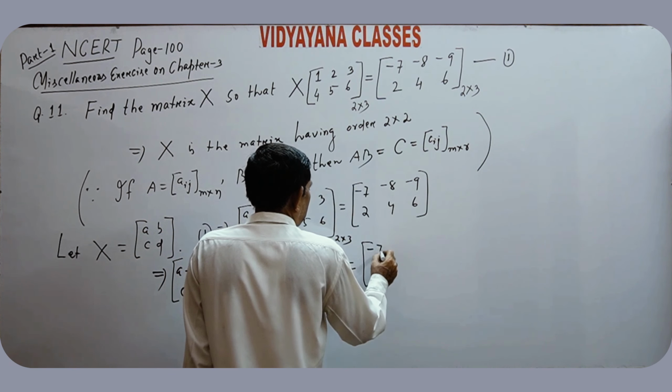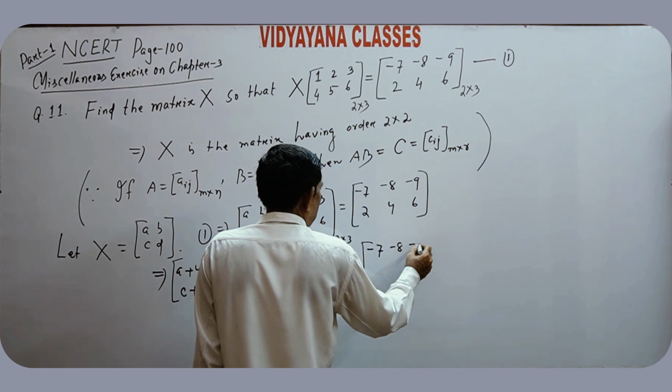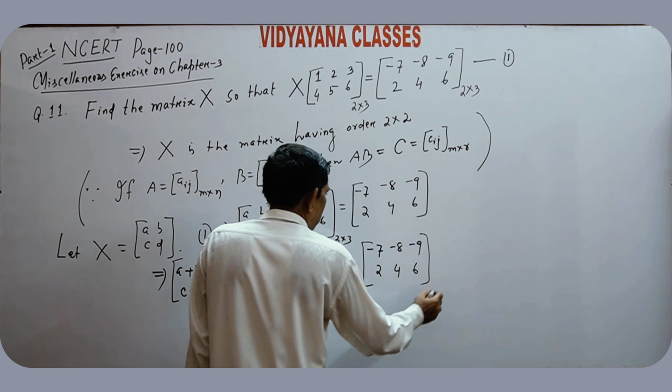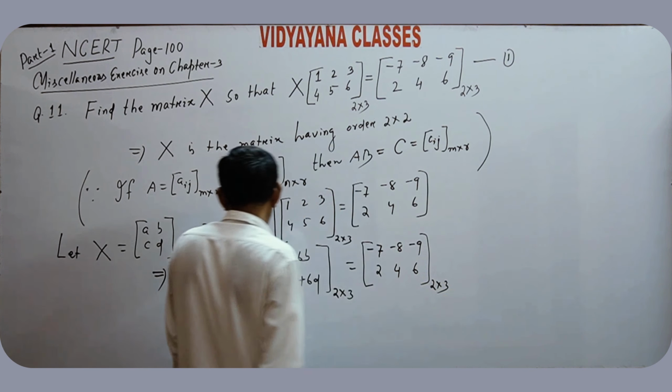The right side is the matrix having elements -7, -8, -9, 2, 4 and 6. It is also 2 cross 3.